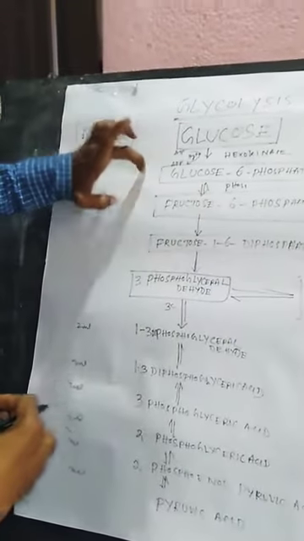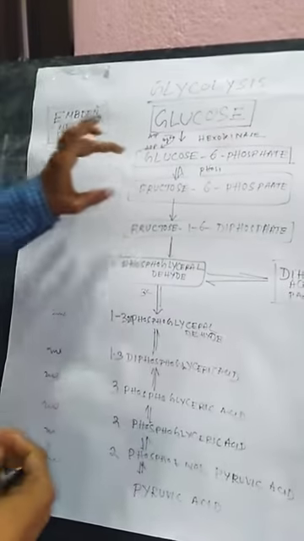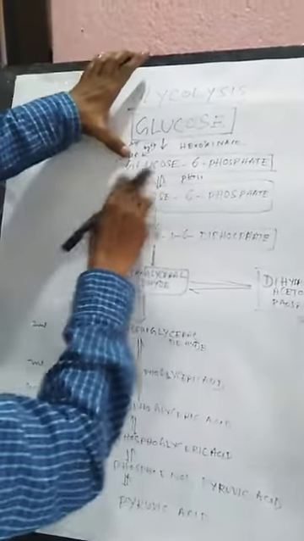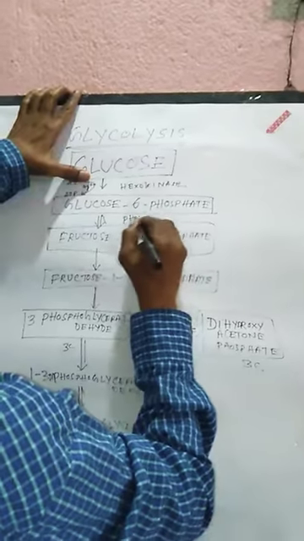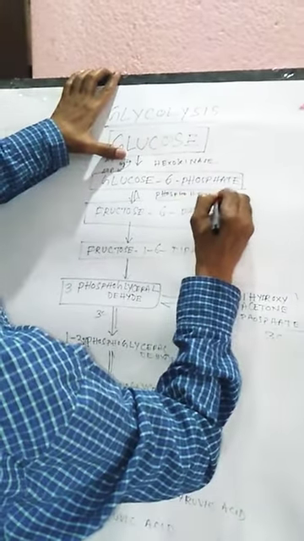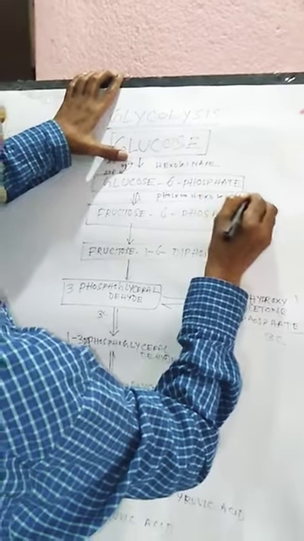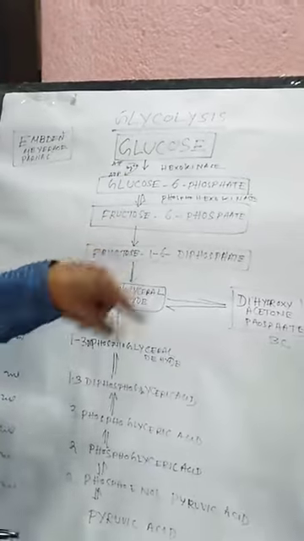Glucose and fructose are both C6H12O6, so these are isomers. Then fructose 6-phosphate is converted into fructose 1,6-diphosphate in the presence of the enzyme.